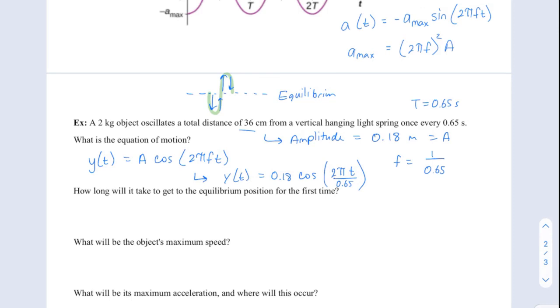Second question: how long will it take to get to the equilibrium position for the first time? Notice it does that up and down movement, and it takes a total of 0.65 seconds to go all the way through, to go down and then back up.